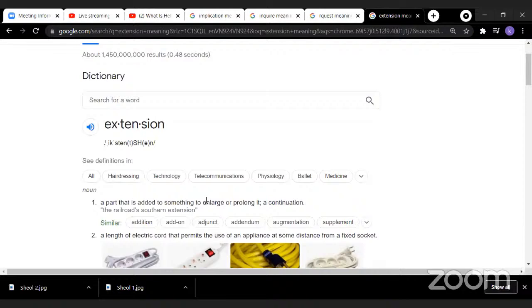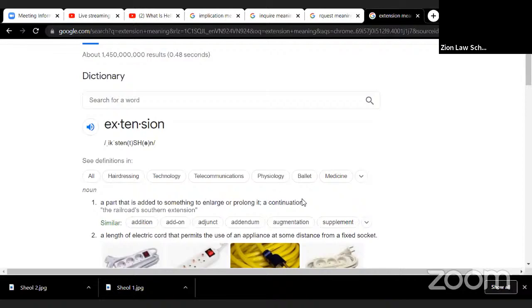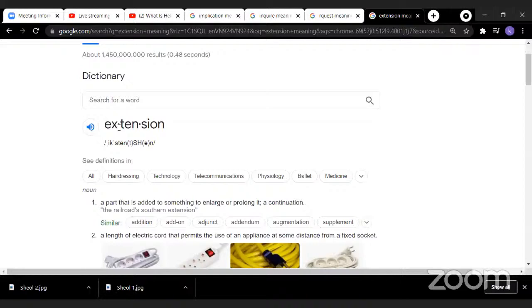A part that is added to something to enlarge or prolong, a continuation. So the next step is, do we agree with this? It says the meaning is to inquire, by implication to request, by extension to demand. So that's the next thing we need to deal with. I don't think it's a demand. To request something is not a demand.